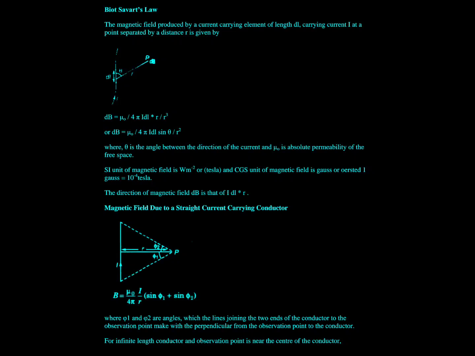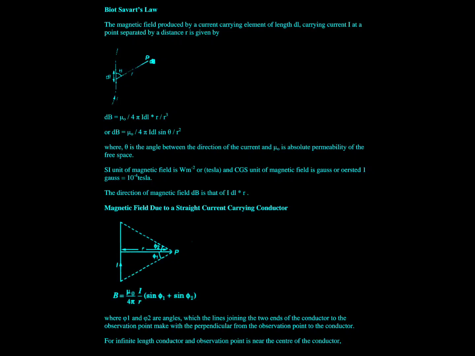And on solving the proportionality, we have the constant, that is mu naught upon 4 pi. So the expression is dB is equal to mu naught upon 4 pi times I dl sine theta divided by r square. Here mu naught is called the absolute permeability of free space.